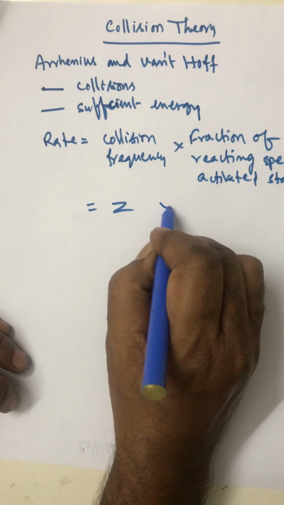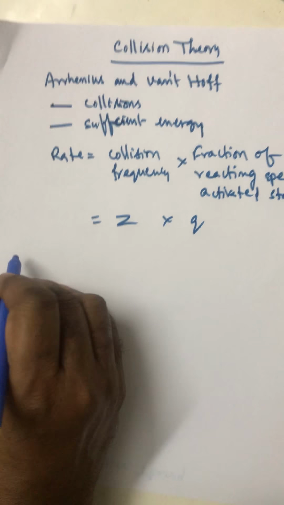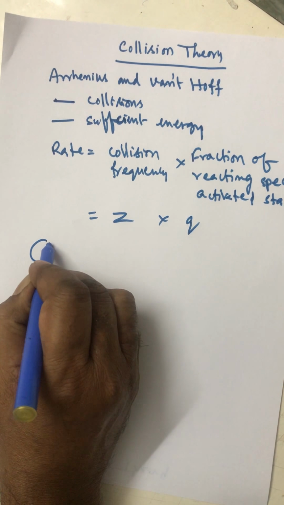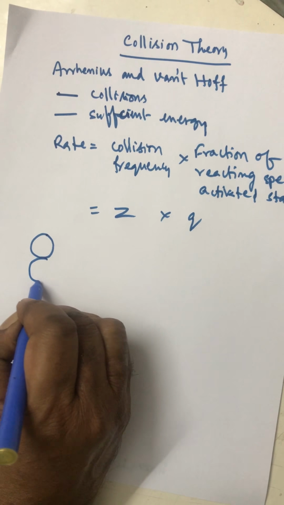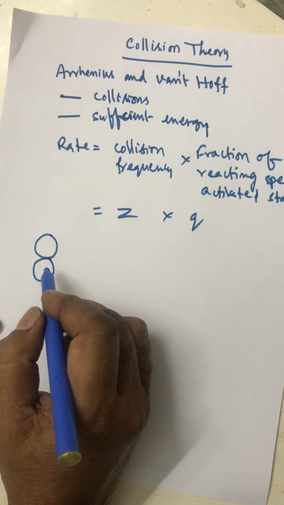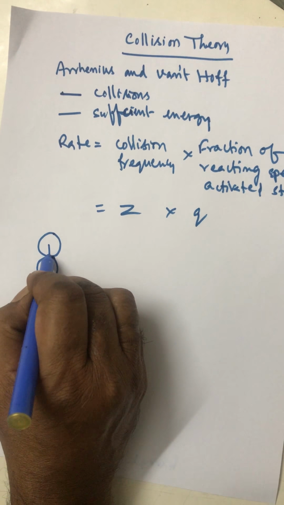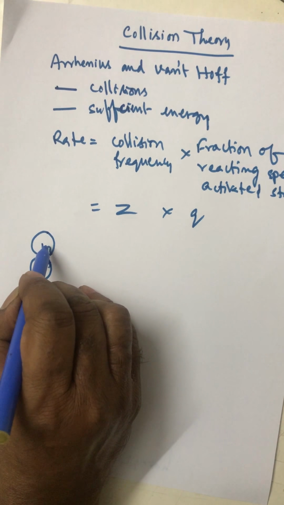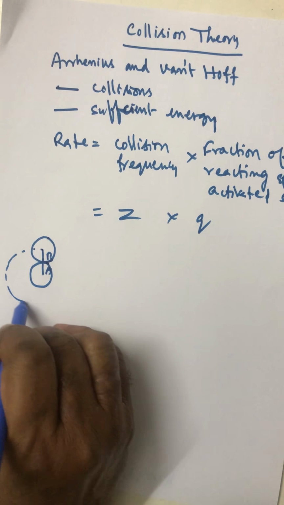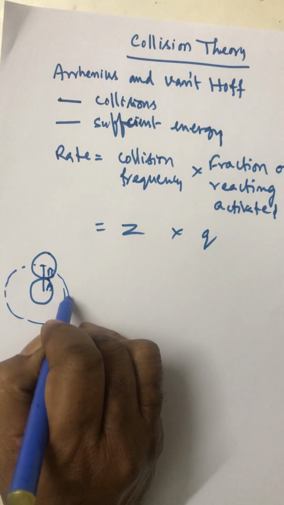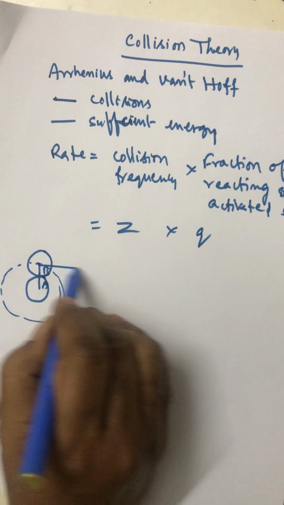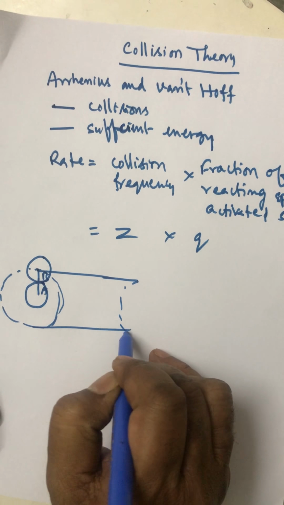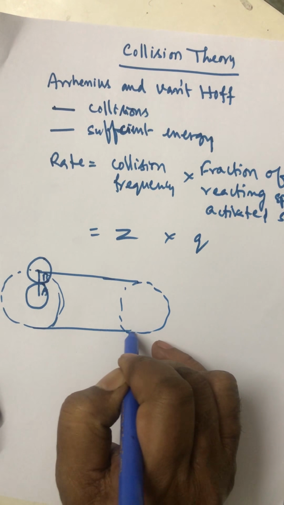This is the Z, this is the Q. Z can be estimated from the kinetic gas theory. If these two are the molecules which are going to come and collide, this is the radius of say A, this is the radius of B, and here the collision pair may sweep, resulting in a cylinder volume of this.